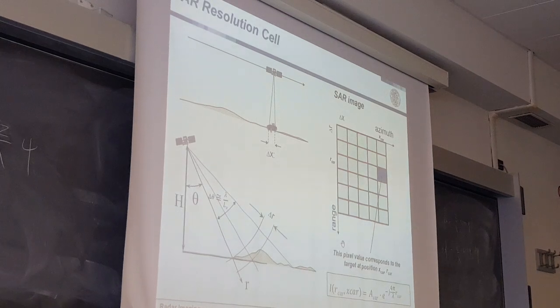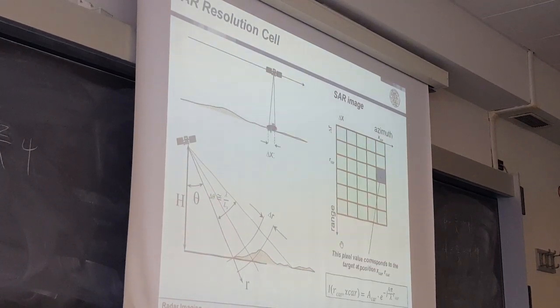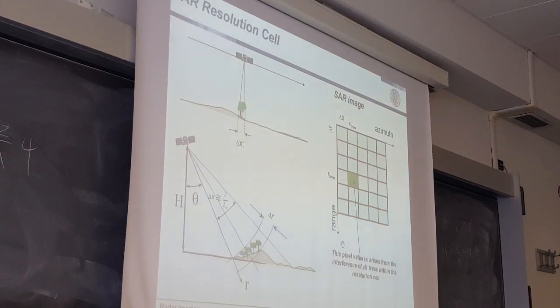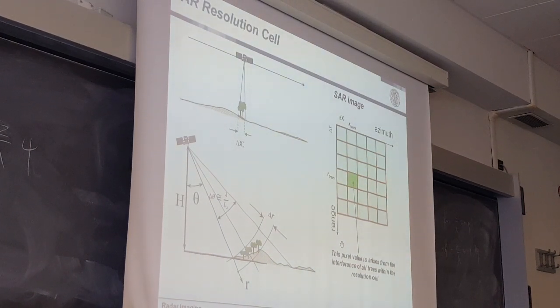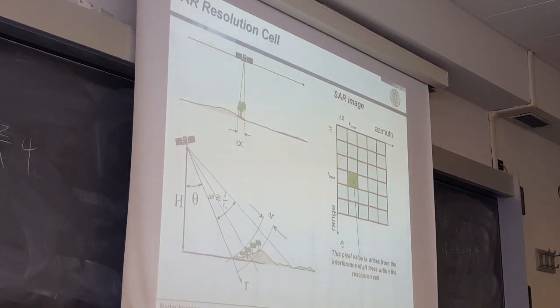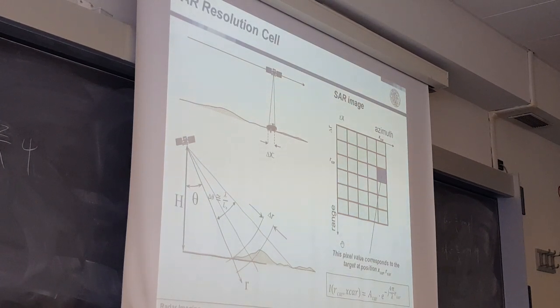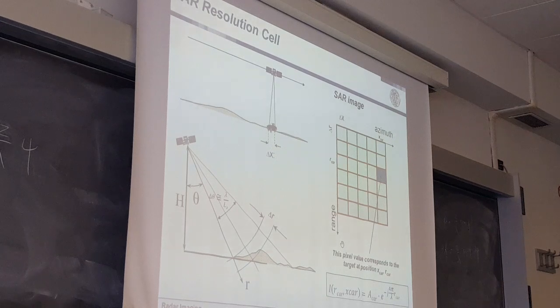For example, here the blue pixel corresponds to the signal from the car, and the green pixels correspond to the signal from all the different streets. In this pixel, assuming that there is just a car, you are sensitive to the radar cross-section of the car.